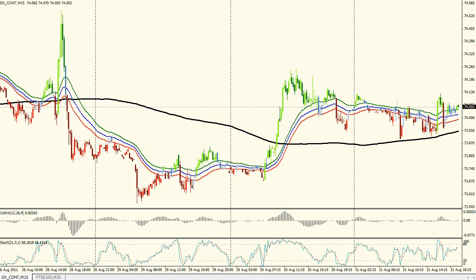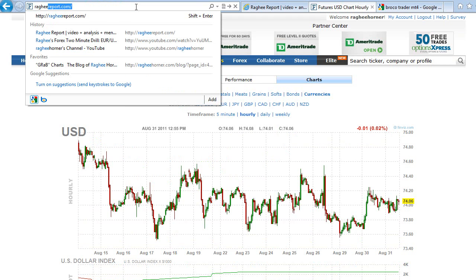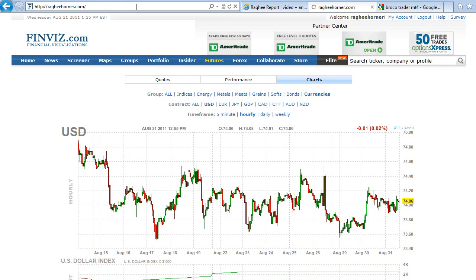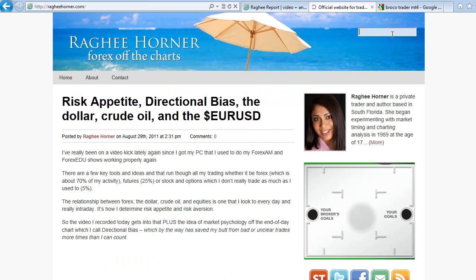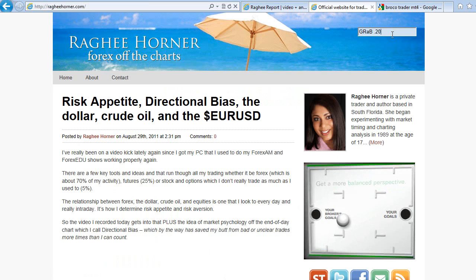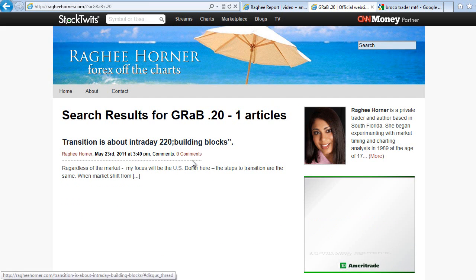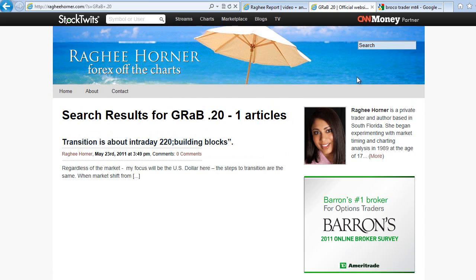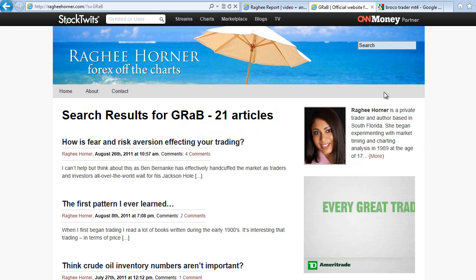The grab candles that you can download from RagheeHorner.com, and I'll go ahead and make the files available from the RagheeReport.com as well. But for now, if you head on over to RagheeHorner.com, type in a search for Grab 2.0, and when you do a search for it, you'll get a list.